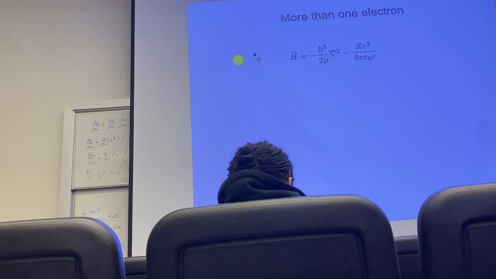In hydrogen, this is the Hamiltonian that we dealt with. We basically use this so-called relative coordinate system, where we only look at the distance between the electron and the nucleus. We didn't think about the center of mass of the entire atom that was floating around. So we only had one relative length scale to deal with.